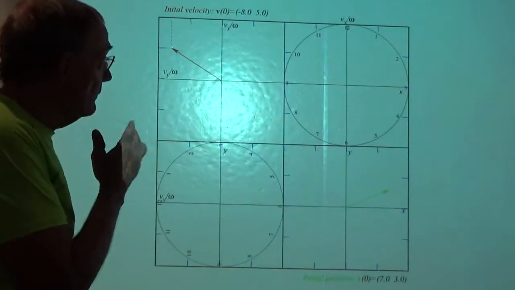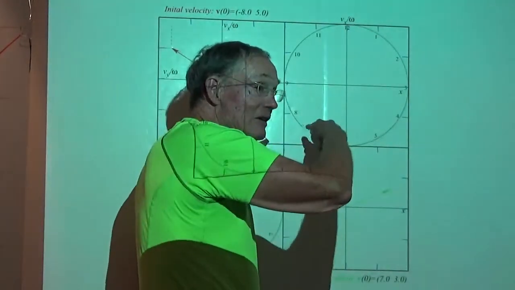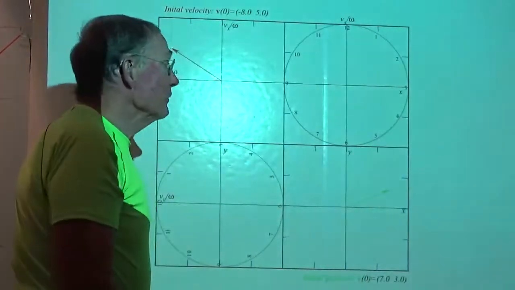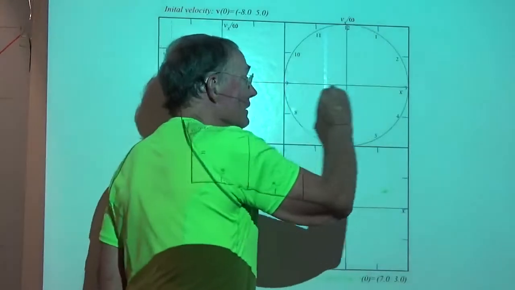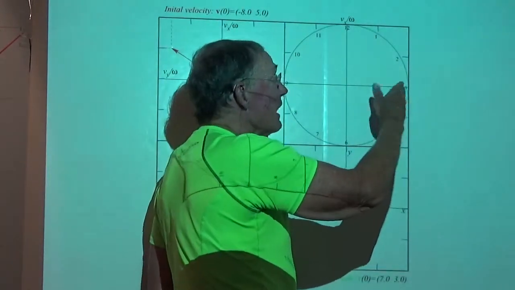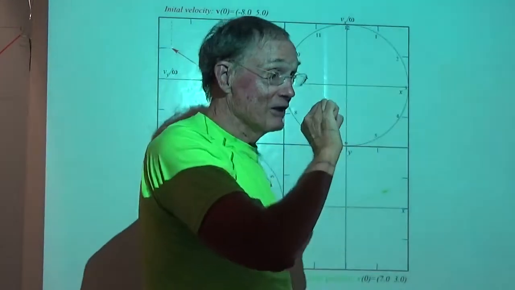Yes, in order to get a phasor that goes around in a circle, we have to scale it, right? If you have a cosine of omega t this way, which you do, then the velocity associated with that is the derivative of the cosine of omega t.